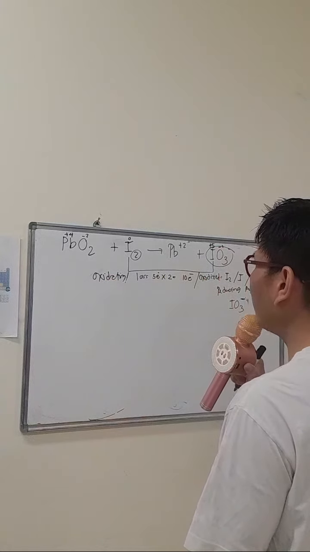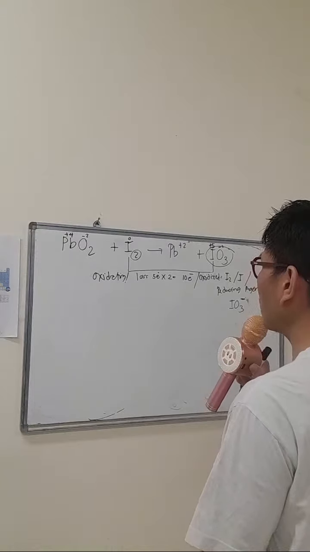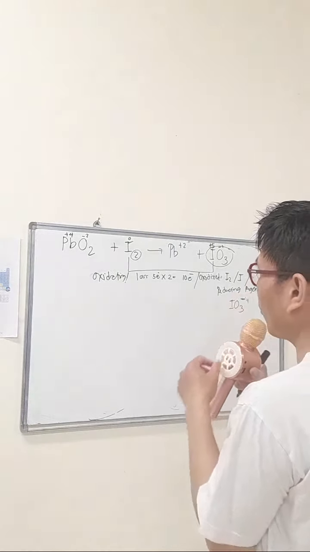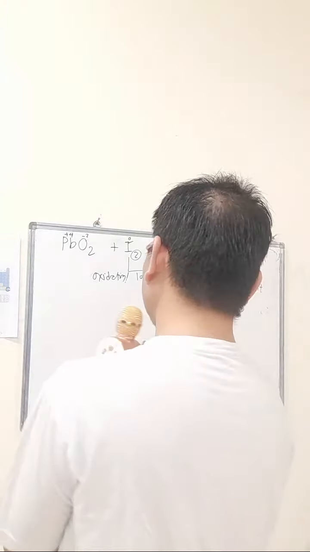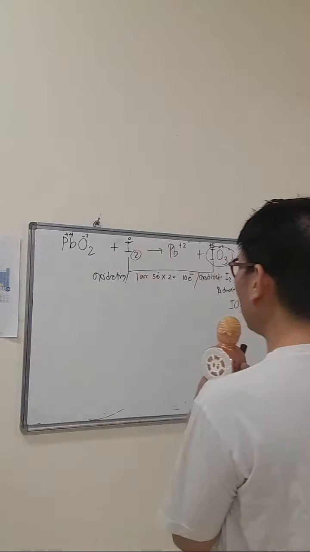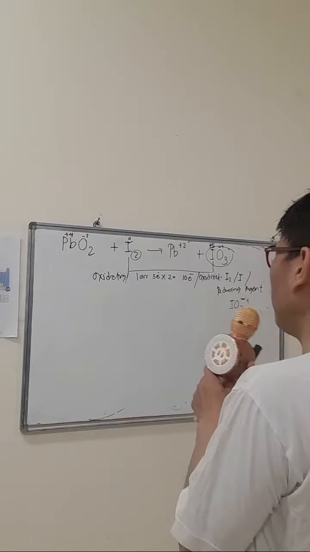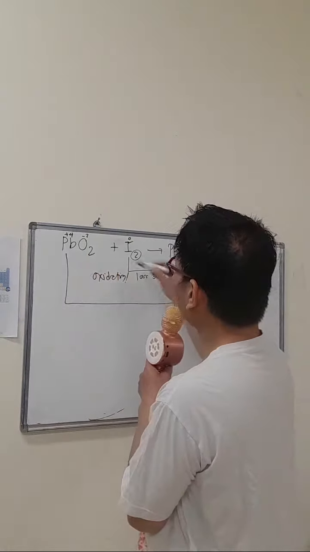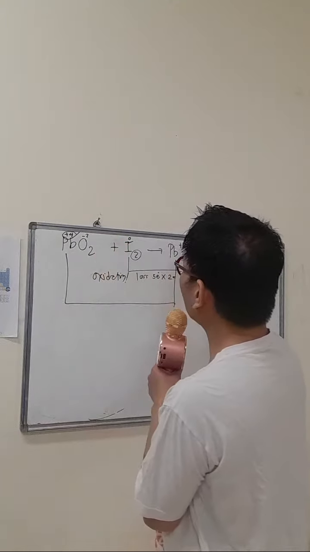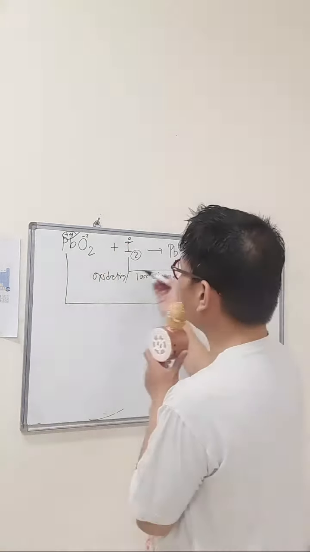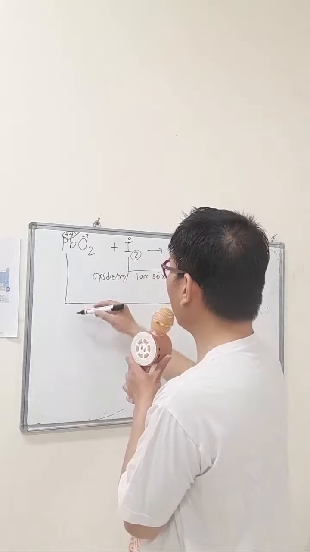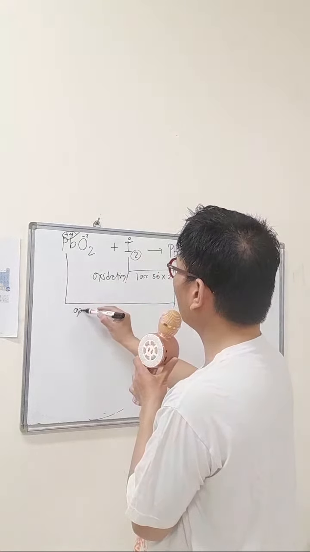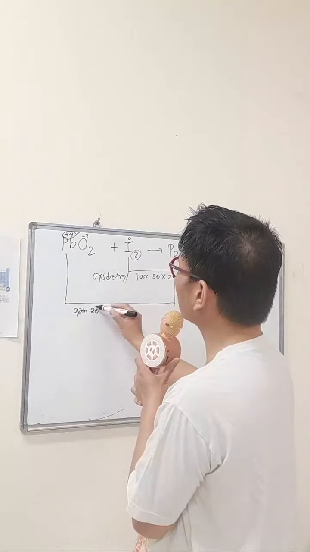We have now the other one, reduction. It's going to be the gain of electrons, the decrease of the oxidation number. The decrease of oxidation number is going to be the lead, right? So from 4 to 2, a decrease in oxidation number, so it's a gain of 2 electrons.